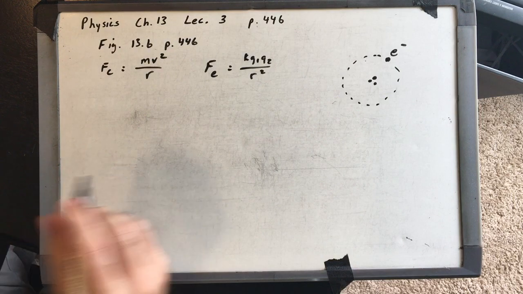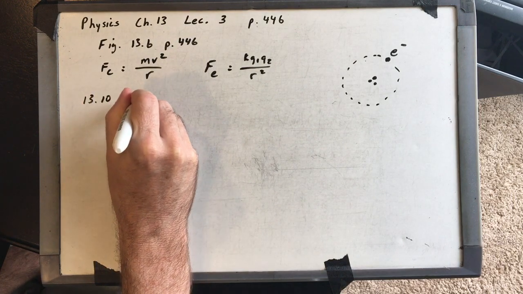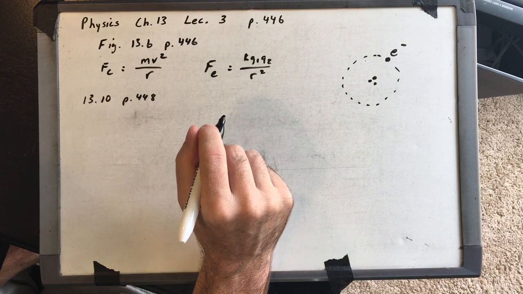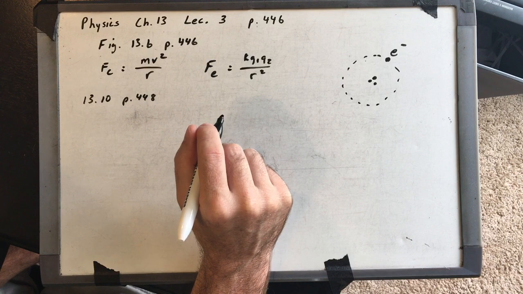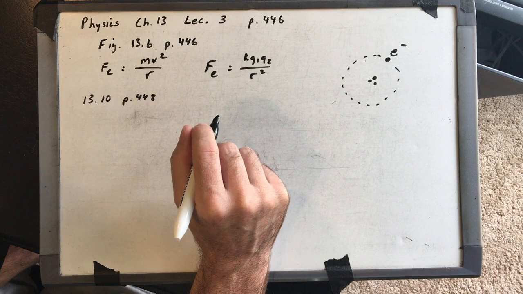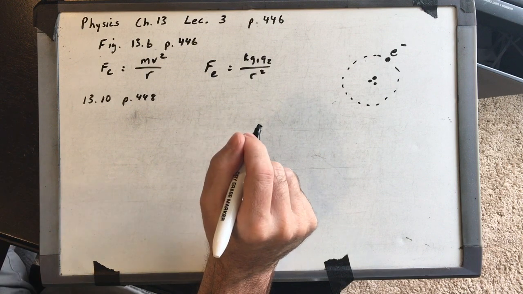on page 448. And that says a helium plus ion has 2 protons but only 1 electron. If the orbital radius of that 1 electron is 1.3 times 10 to the minus 11 meters, at what speed does it orbit the nucleus?